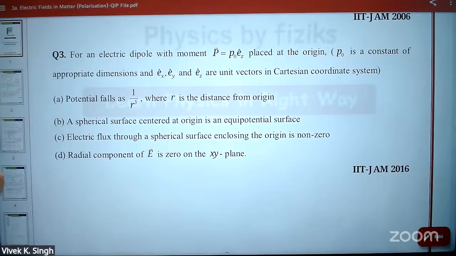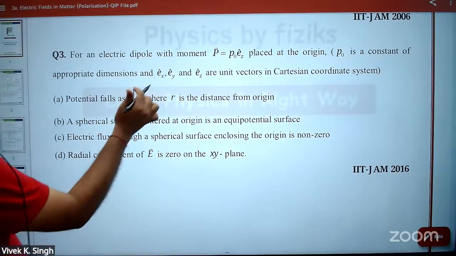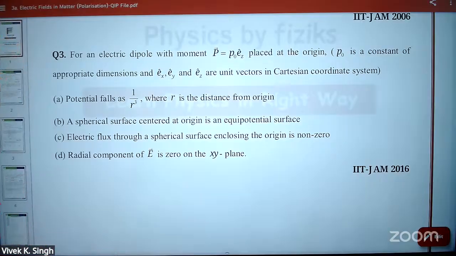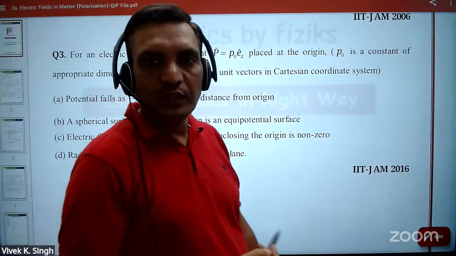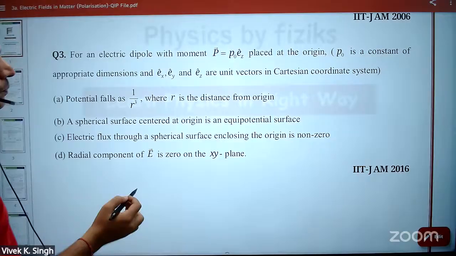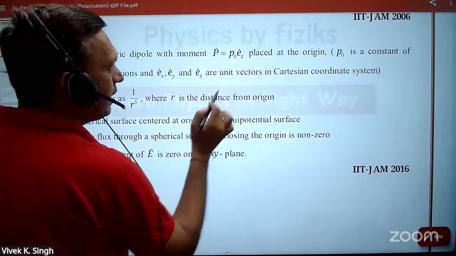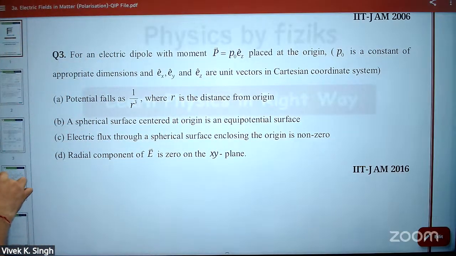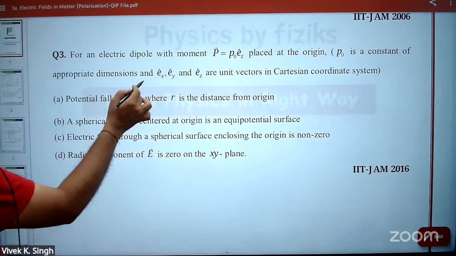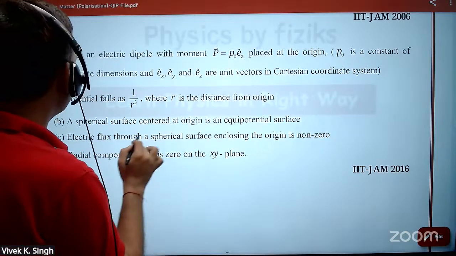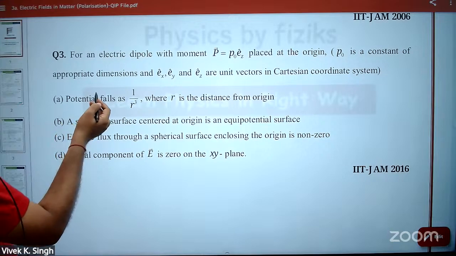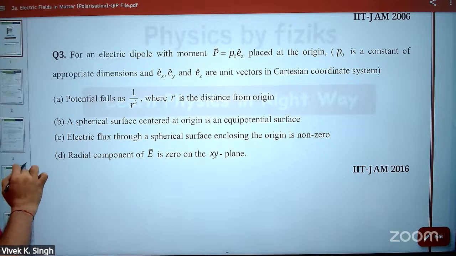For an electric dipole with dipole moment P naught times Z cap, where Z cap is the unit vector in Z direction, magnitude is P naught, placed at the origin. P naught is a constant of appropriate dimension. Ex, Ey, Ez are unit vectors. Then you have to identify which one is correct.